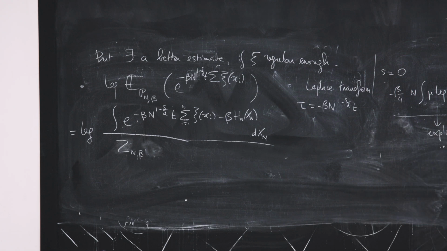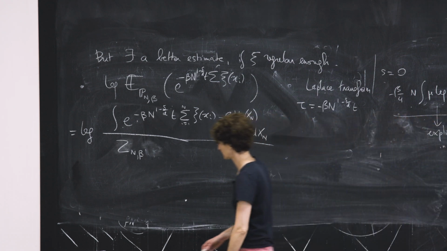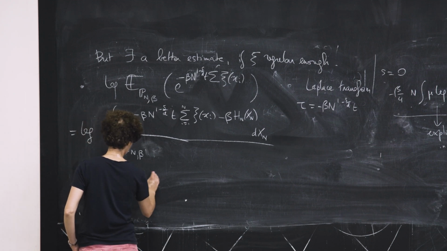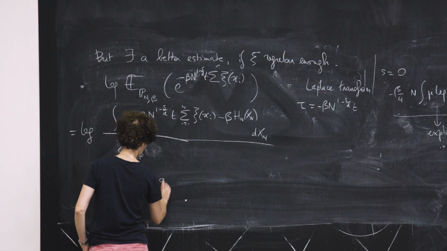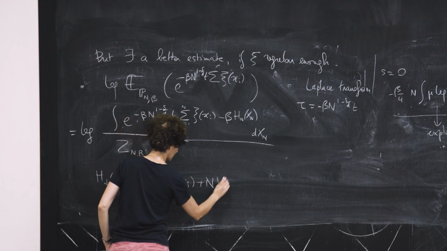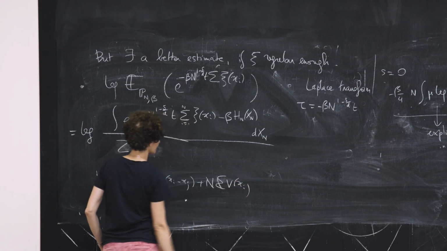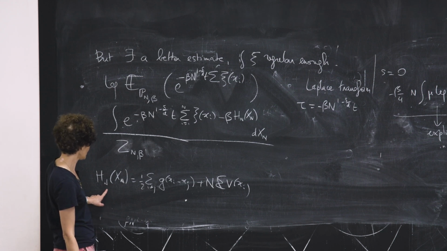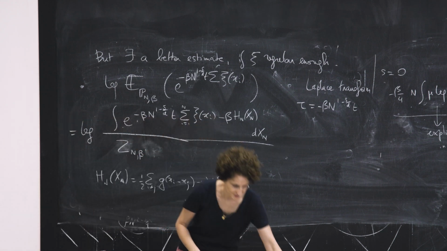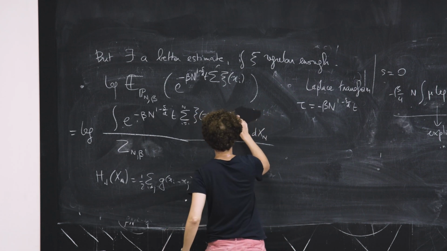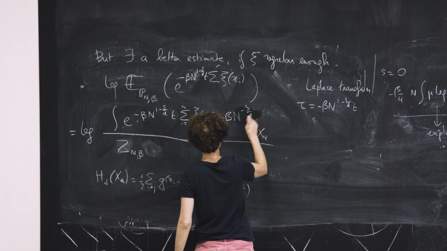All right, so now we can remember what H was. It's a sum of pair interactions, defined like this. And sorry, there's a somewhat important nuance here: I need to put n^(1 - s/d) because this is the scaling that we've been working with.